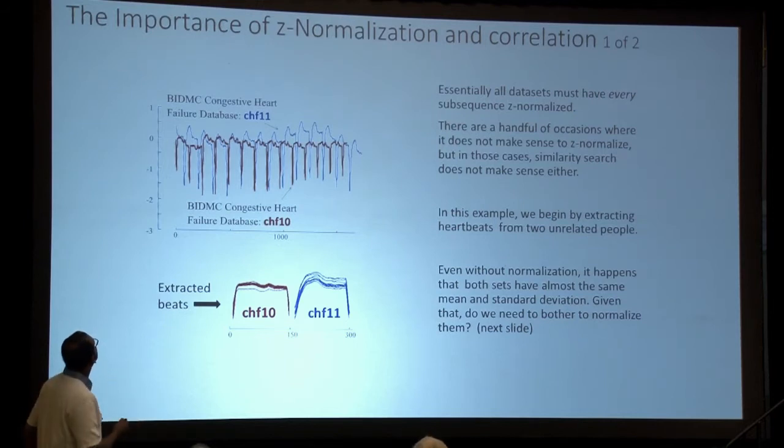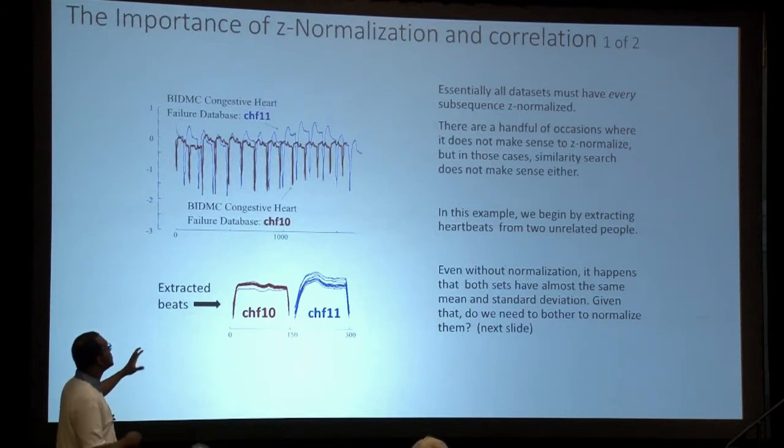And in this case, say we have 2 heart failure EKGs or ECGs from 2 different persons. Both had congestive heart failure. And the red one and the blue one, we overlay on top of each other. And then what we do is we extract each individual beat, and without normalizing, we show them here.